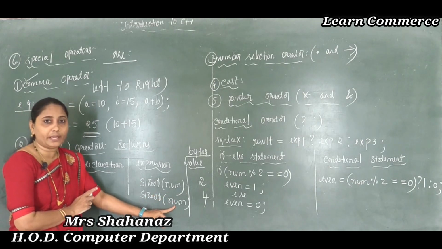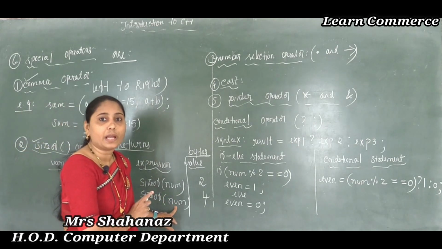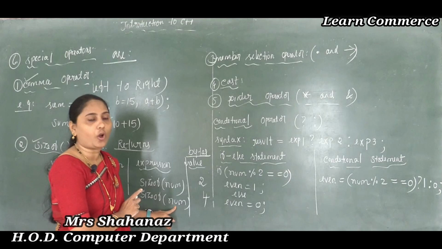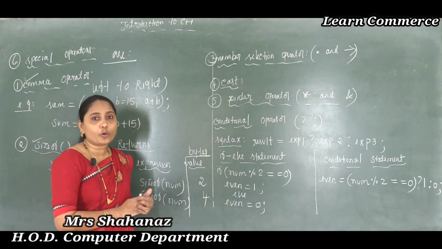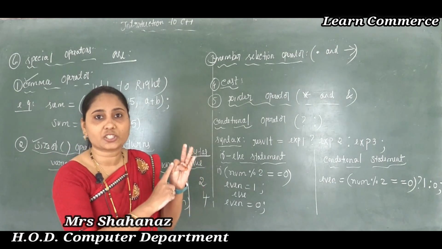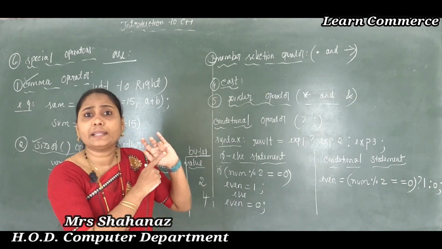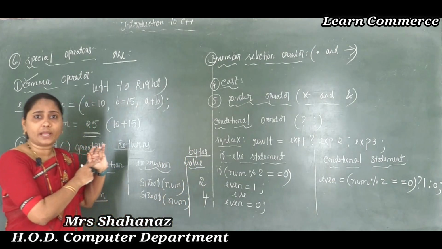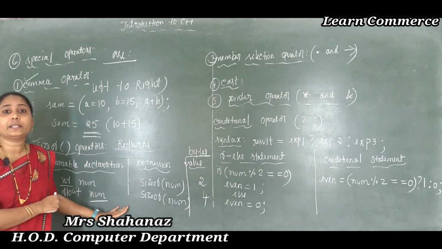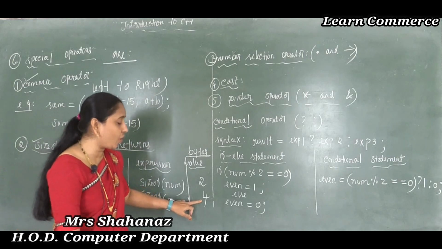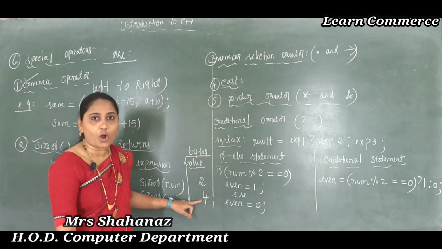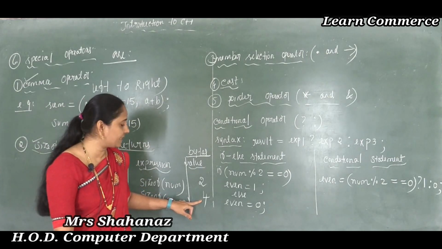So you should remember it: always the number of bytes num occupies, or the operand occupies, is equal to 4 bytes. The 4 bytes is equal to 8, 16, 24 and 32 bits. So the number of bytes the operand occupies is 4 bytes.